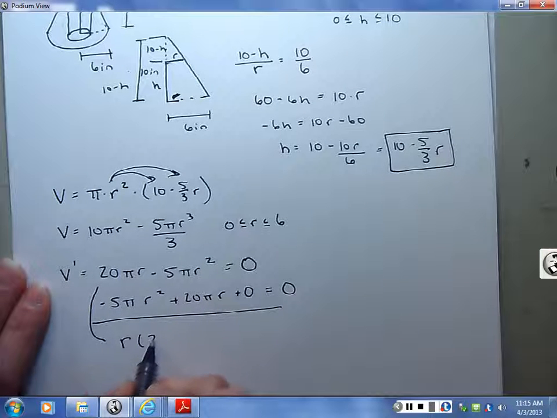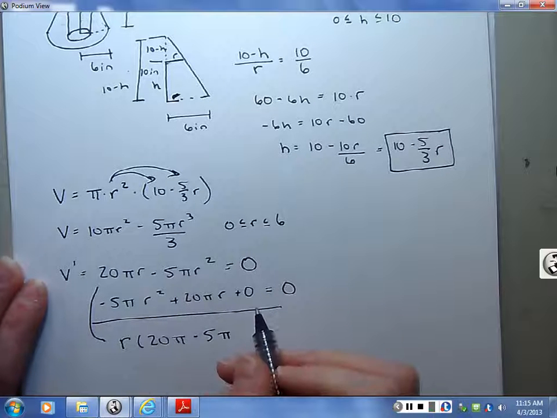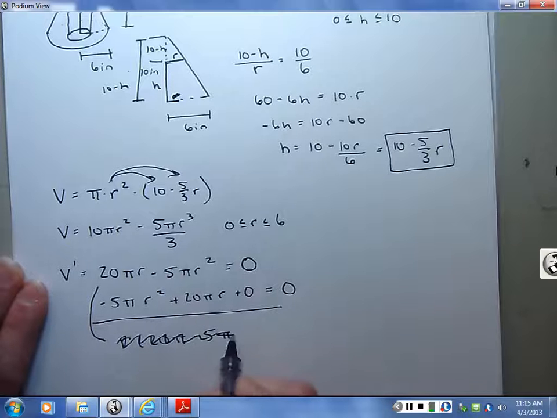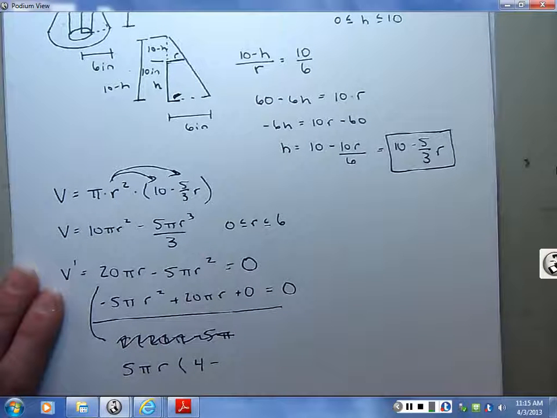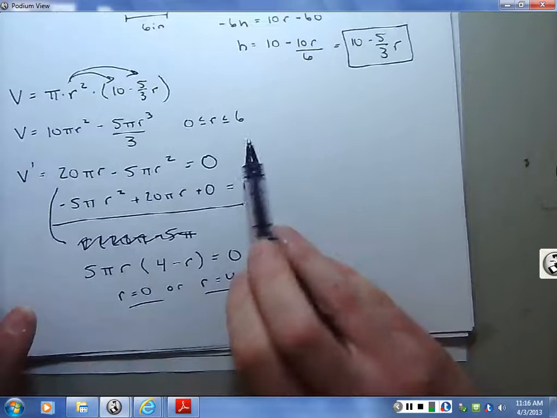Let's factor out more than that. Let's factor out a 5, pi, and an r. So I have 4 minus r equals 0. So r equals 0 or r equals 4, which both fit in my interval.